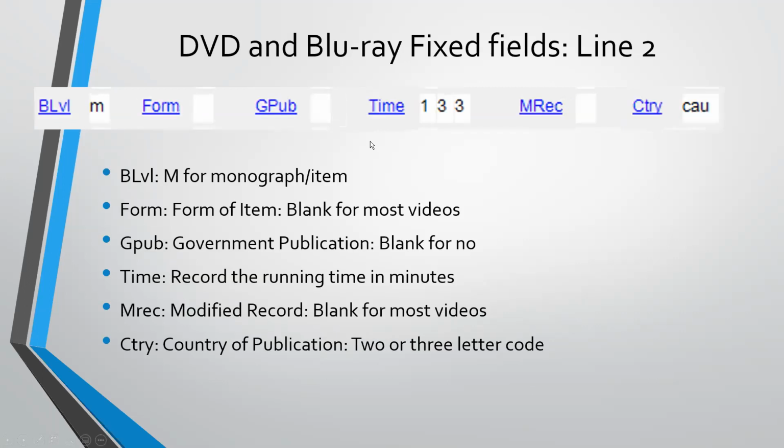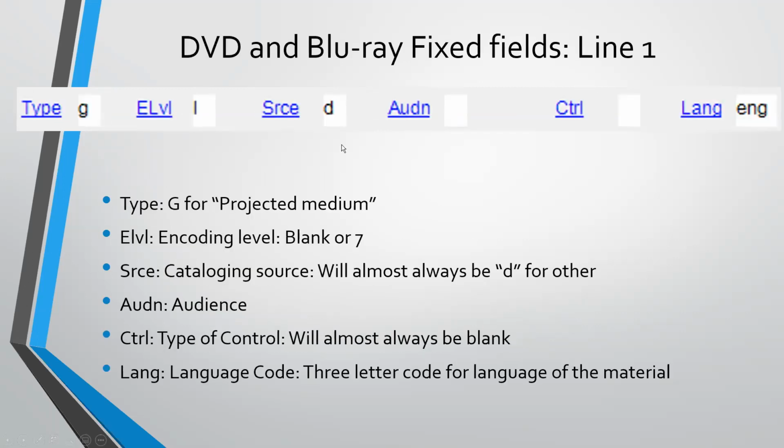Source D: cataloging source is almost always going to be D, because none of us are a national bibliographical agency putting in these records. We're not Library of Congress. We're not the National Library of Spain, or the equivalent authority in another country.